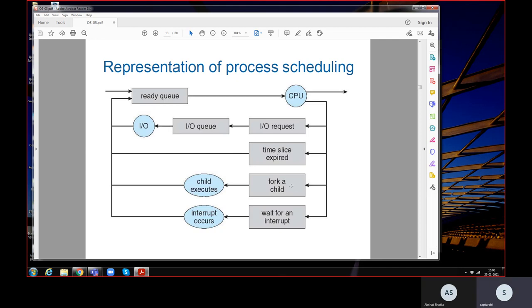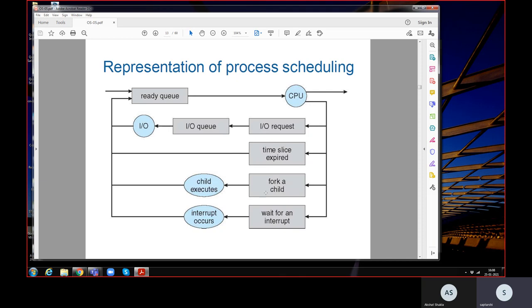Similarly, other things can happen. A particular process can fork a child and wait for that child to complete execution. This part we will talk about in more detail today itself. Similarly, a process which is running on the CPU can wait for an interrupt. These two are events. These two are examples of a process waiting for an event.